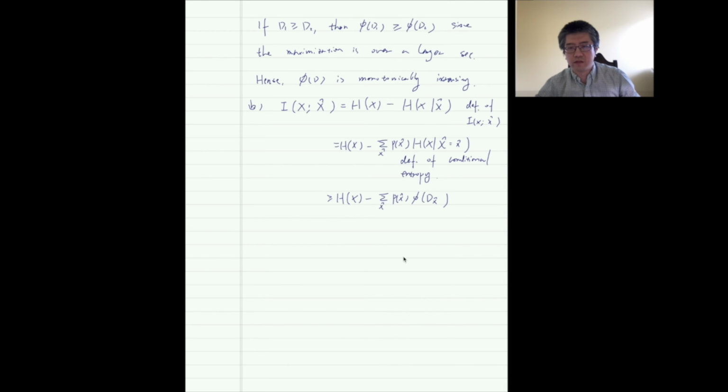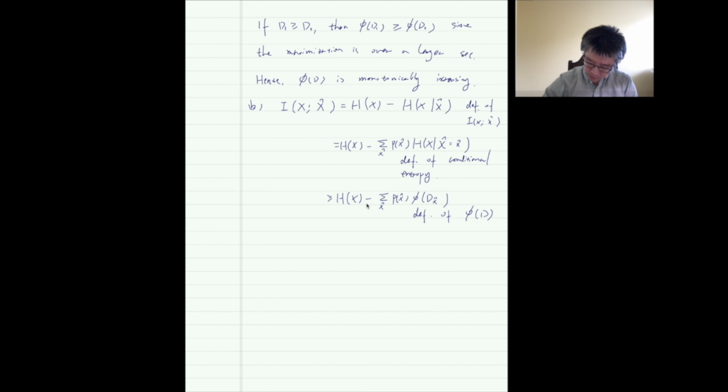This is basically the definition of phi for each of these terms. Phi is defined by the probability vector that maximizes this term, so this step is because of the definition of phi d.